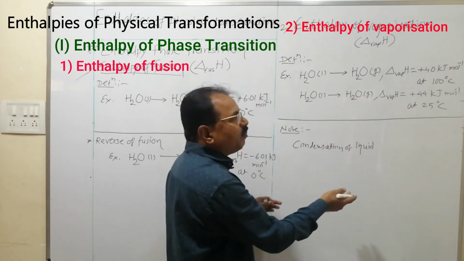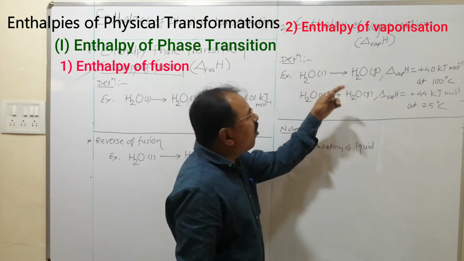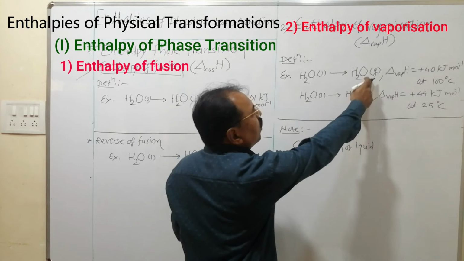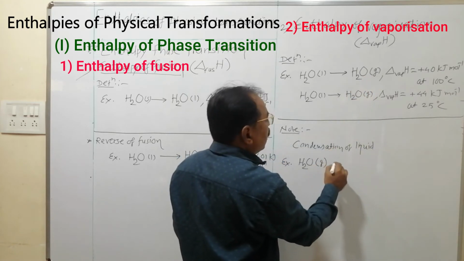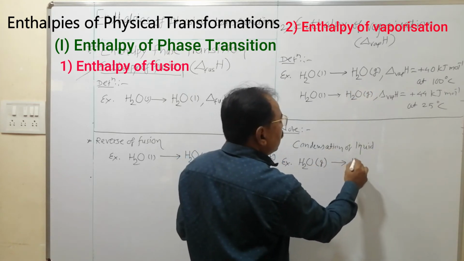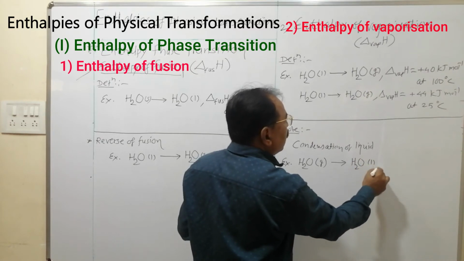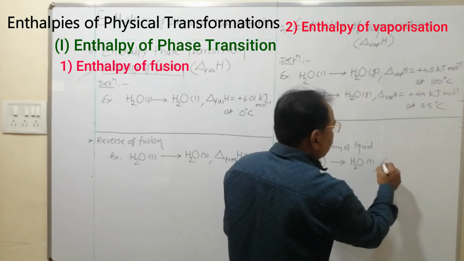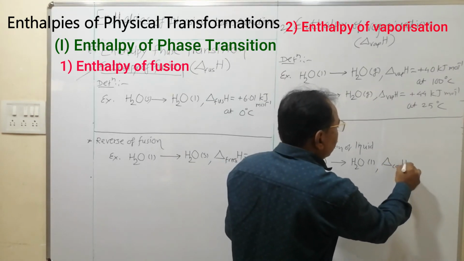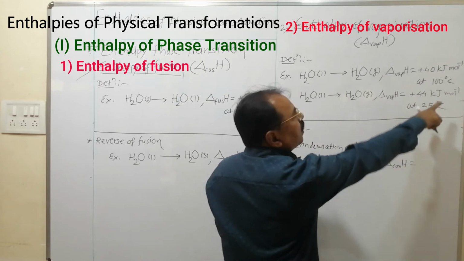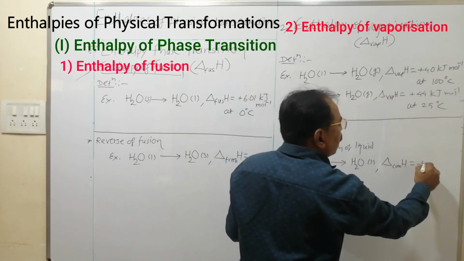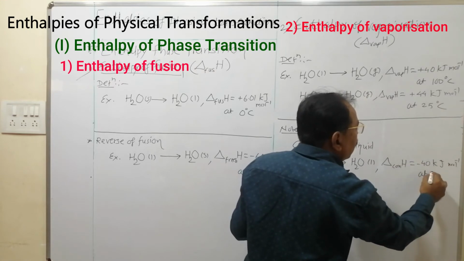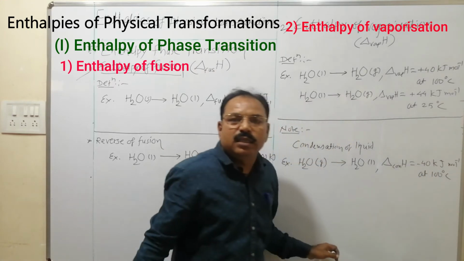We can see the example, exact opposite of this example: H2O gaseous state converted into liquid state, and it's the enthalpy of condensation, delta CON H is equal to minus 40 kilojoule per mole at 100 degrees Celsius.